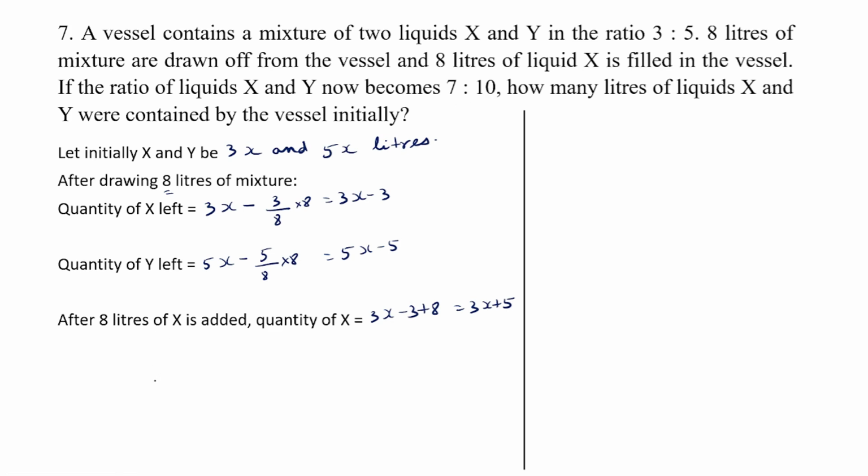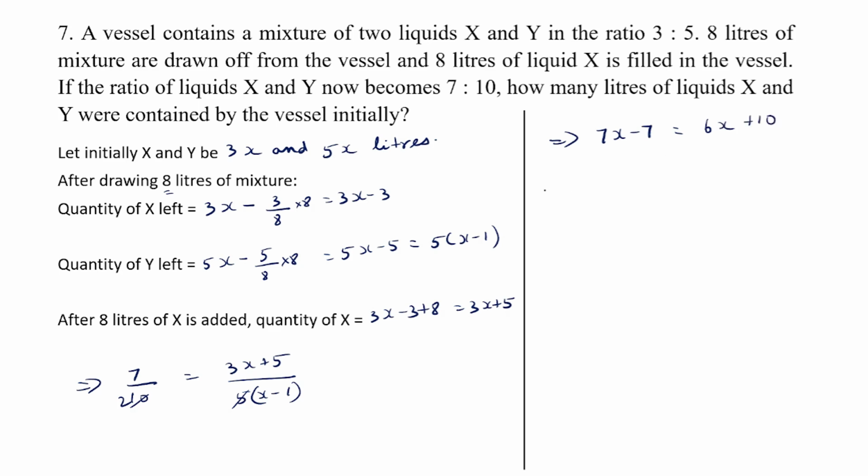Now we have 7 by 10 equal to (3x plus 5) upon (5x minus 5), or 7 by 10 equal to, let us write this as 5 into (x minus 1), so that this will go 2 times. So from this we get 7x minus 7 equal to 6x plus 10, or 7x minus 6x is x equal to 10 plus 7, which is 17.